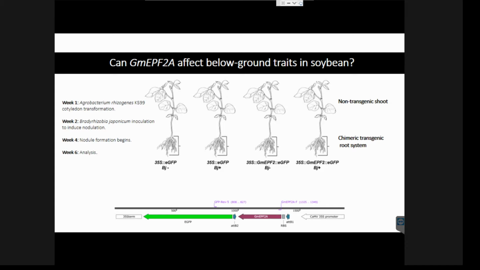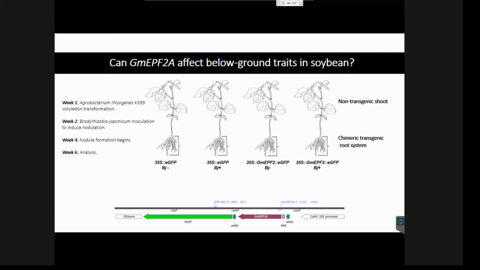So to try and understand these processes before we see them in the stable transformants when we get them, I teamed up with a researcher in Phaseolus in north of Mexico City to do hairy root, so kind of stable transformations, but just in the root. So these are chimeric soybean plants, and we did it in common bean as well. So you see there's a root system that's transgenic, whereas the shoot is not transgenic.